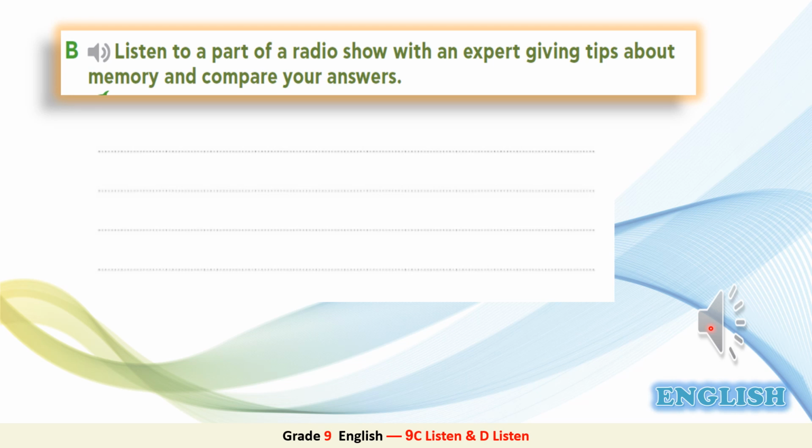9C. Listen. B. Listen to a part of a radio show with an expert giving tips about memory and compare your answers. Good afternoon. With me today is memory expert, I'm sorry, I've completely forgotten your name. Only joking. It's Dr. Eric Dawkins. Welcome, Eric. Hello. So, you've come in today to give us some tips on how to remember informational facts.